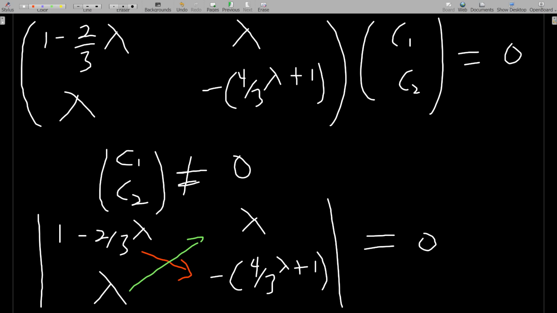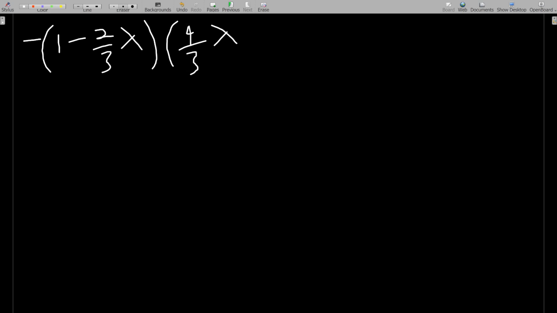Let me write it on a different page. You have negative of (1 minus 2 over 3 lambda), which is just a positive of that, but when there is a negative in front of the (4 over 3 lambda plus 1), that is why I have negative of that, minus the product of lambda and lambda again, should be equal to 0.